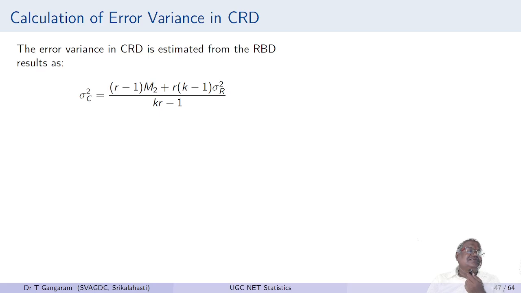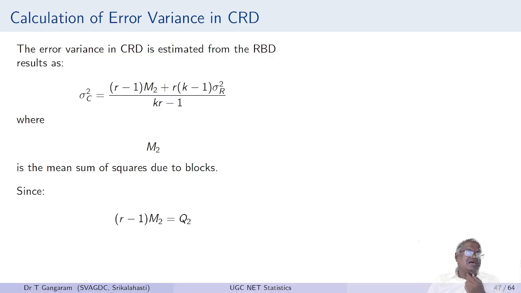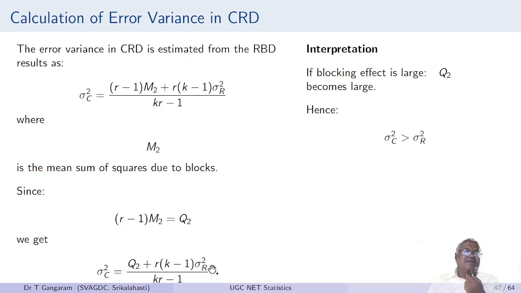Here, the error variation in CRD is estimated from RBD as sigma square C is equal to R minus 1 into M2 plus R into K minus 1 into sigma square R, divided by KR minus 1, where M2 is the mean sum of squares due to blocks. Since R minus 1 into M2 is equal to Q2, we get sigma square C is equal to Q2 plus R into K minus 1 sigma square R by KR minus 1.